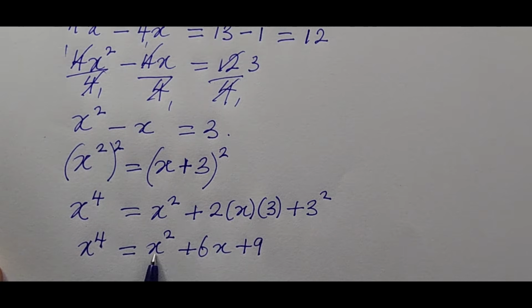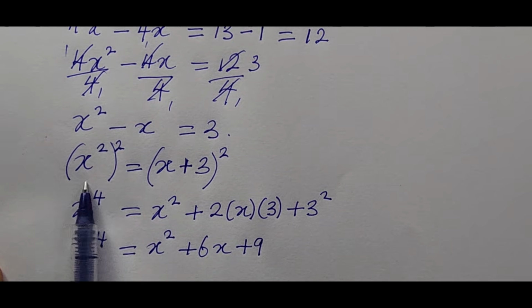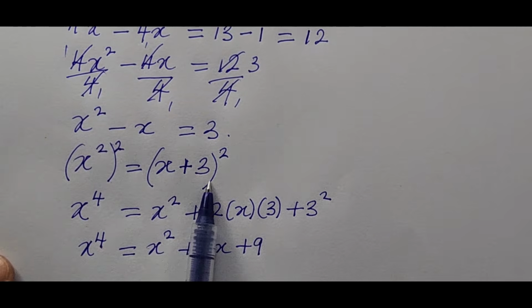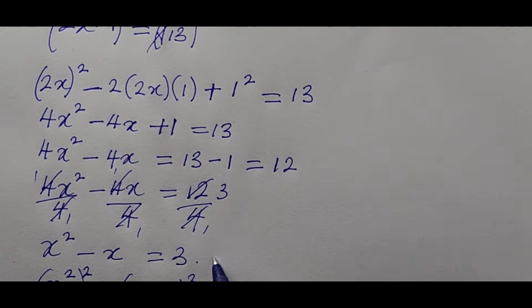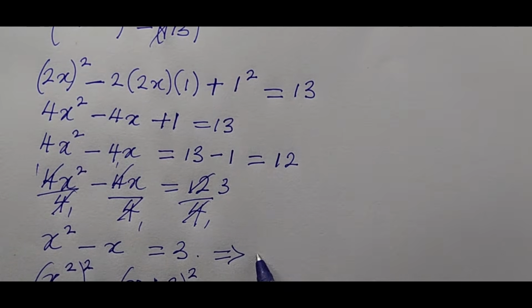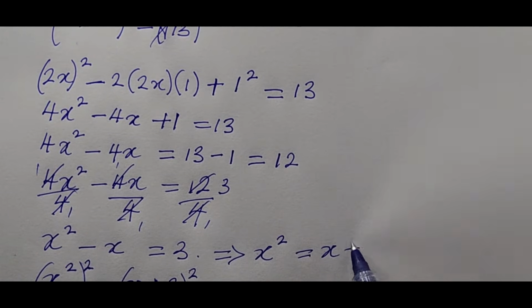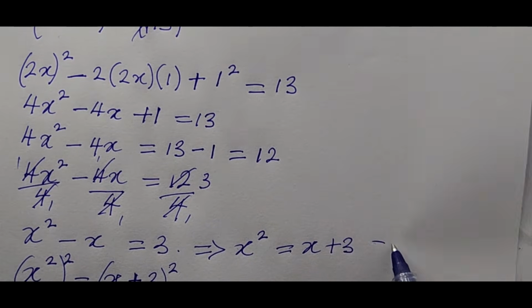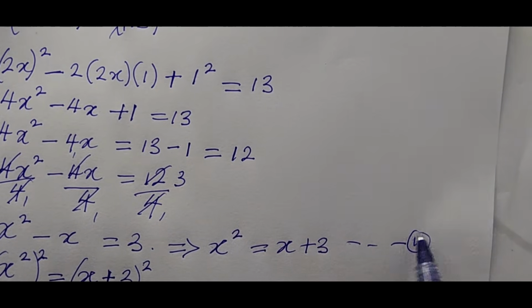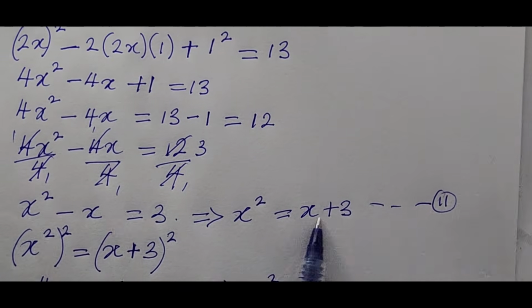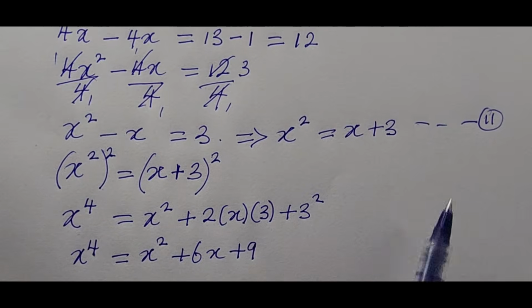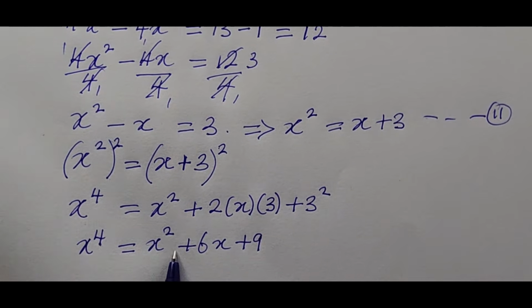So from here, we have x to the power of 2 here, right? Look at what we did here. We have x to the power of 2 is equal to x plus 3, but let me write it well. So from here, it implies that x to the power of 2 is equal to x plus 3. So let's call this equation 2. So we want to put our equation 2 into this place here.